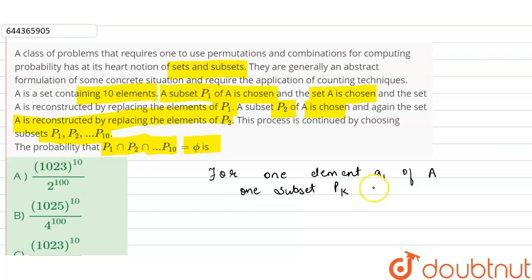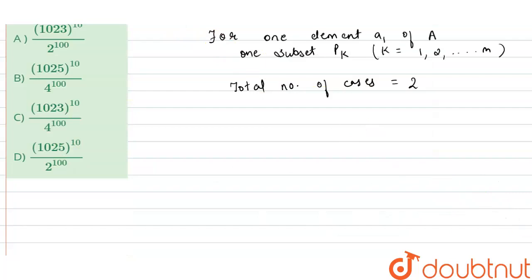Now this subset PK, here K will belong to 1, 2 up to the term M. Now total number of cases will be 2, because A can belong to PK or A does not belong to PK. So 2 cases.